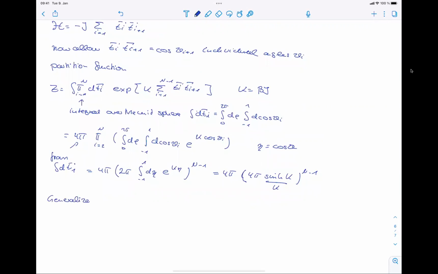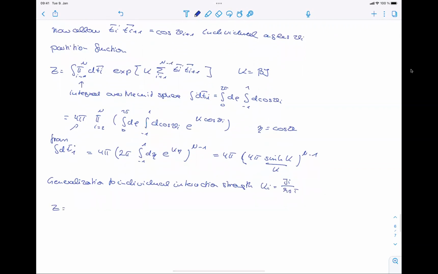So generalization to individual interaction strength then gives us 4 pi. Now I can't write this as an exponent, but need to write it as a product starting at 2, sorry, of individual 4 pi sine h k_i over k_i.